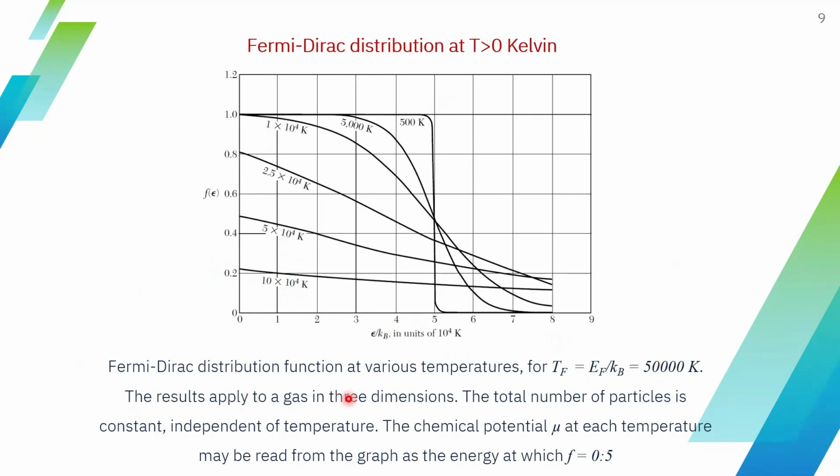The result applies to the gas in three dimensions. So from one dimension, it applies to three dimensions. The total number of particles is constant, independent of the temperature here. The chemical potential mu at each temperature may be read from the graph as the energy at which f is equal to 0.5. So this is the level of 0.5.